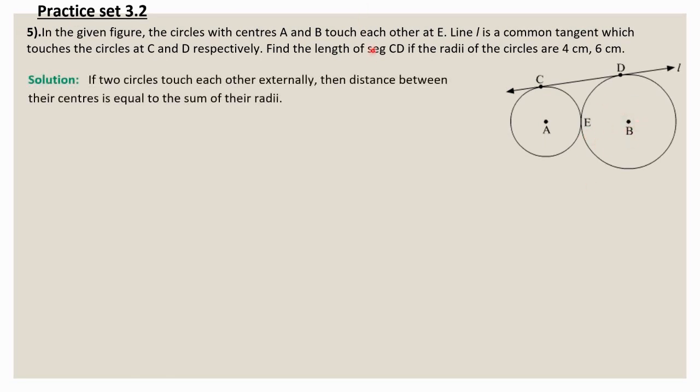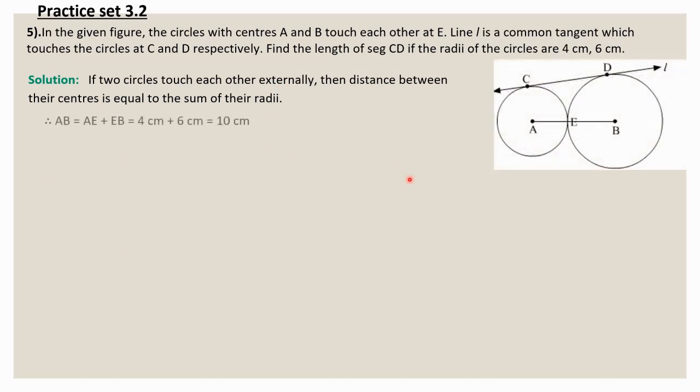Let us start with the solution. If two circles touch each other externally, then the distance between their centers is equal to the sum of their radii. Therefore, AB is the distance between the centers of the two circles.